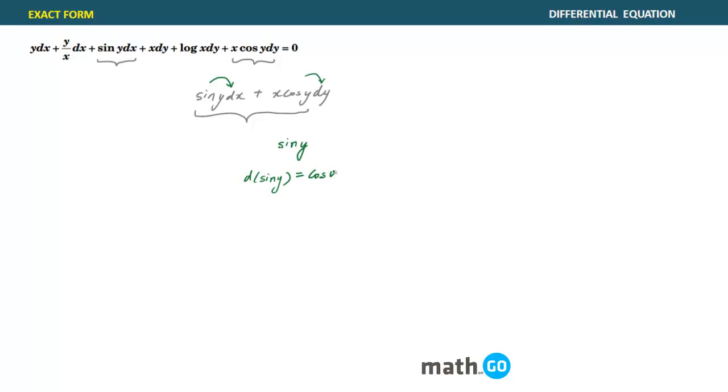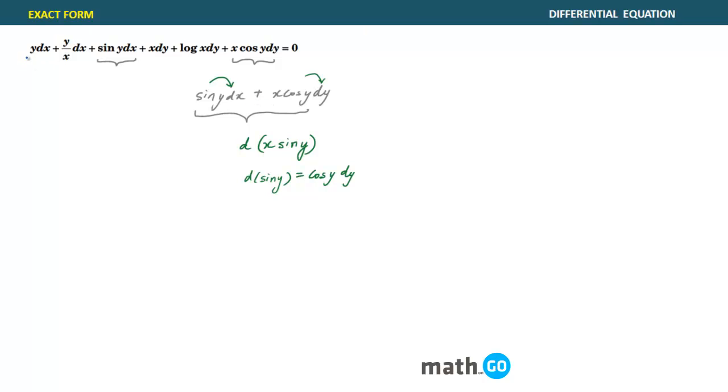Sir, it is cos y dy, and here it is dx, and you can see x is also there. Can you see this complete term can be written as this combined thing? These two terms are nothing but the derivative of x sin y combined, and if you apply the product rule, these are the two terms that you are going to get, right?